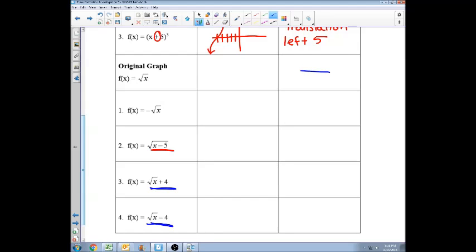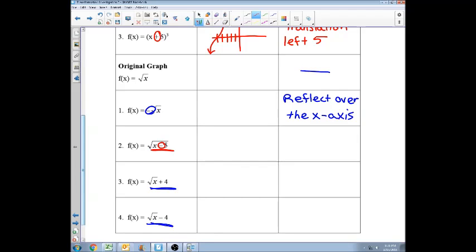The first one is going to reflect over the x-axis. It does that because of this negative sign. The second one, that is inside of the parentheses from what we talked about before. If it's inside the parentheses, then I'm going to go opposite the sign.